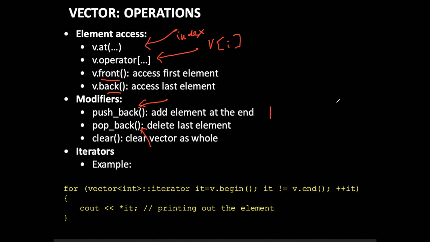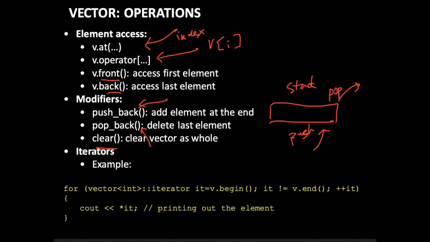So if we treat your entire vector as a stack, push means you're inserting elements into the stack. Pop means that you're removing elements out of the stack. So you can use push and pop, and also clear, as in clearing the content inside the vector as a whole to sanitize your entire vector or reset it at the end of your operations.